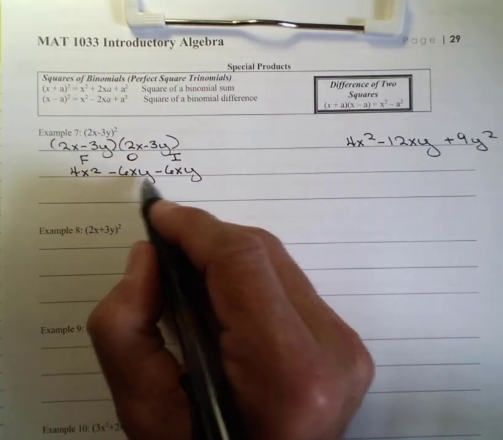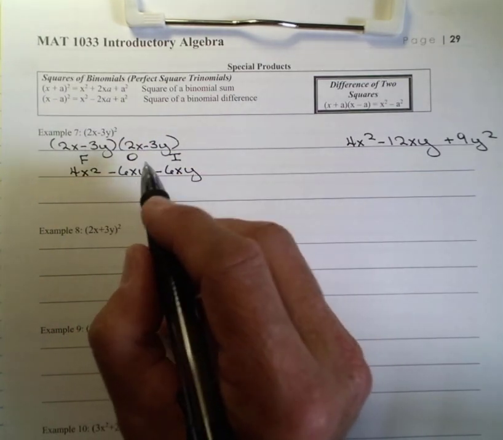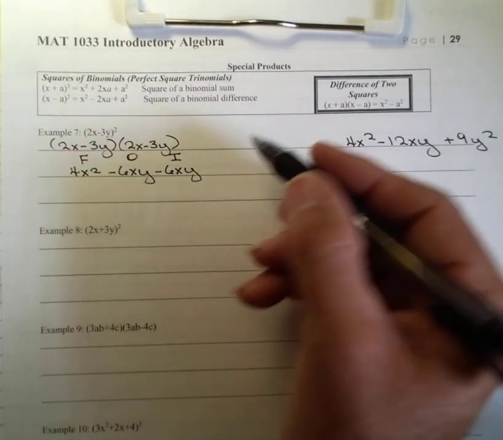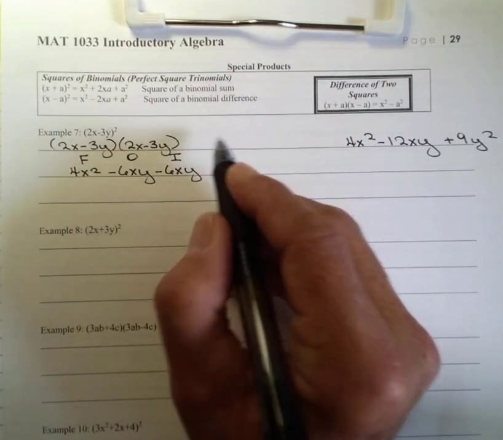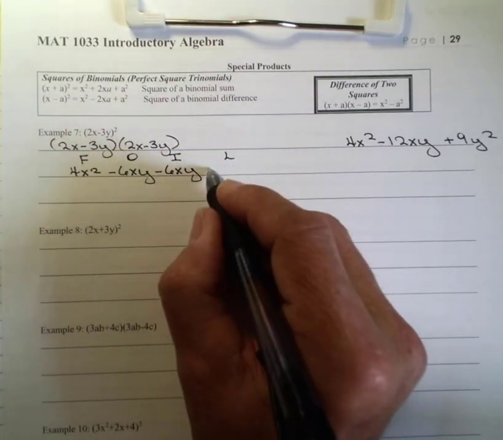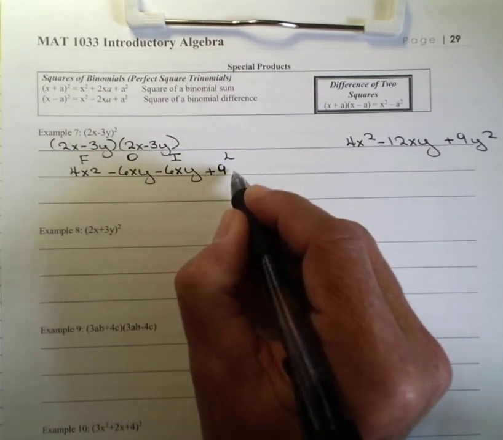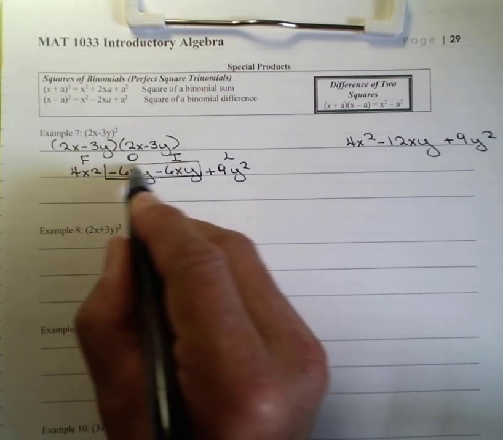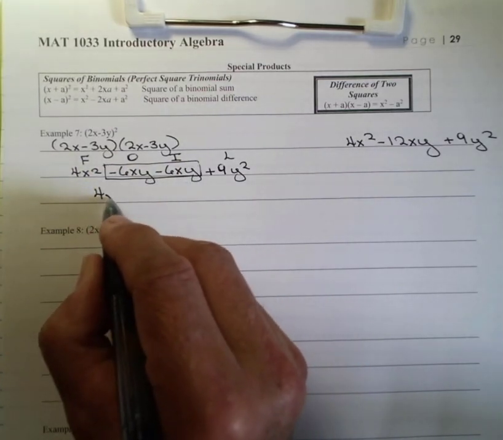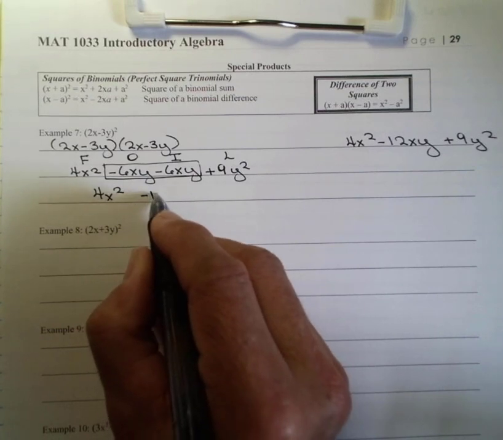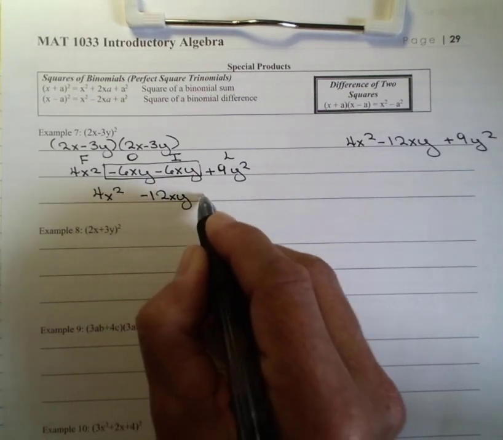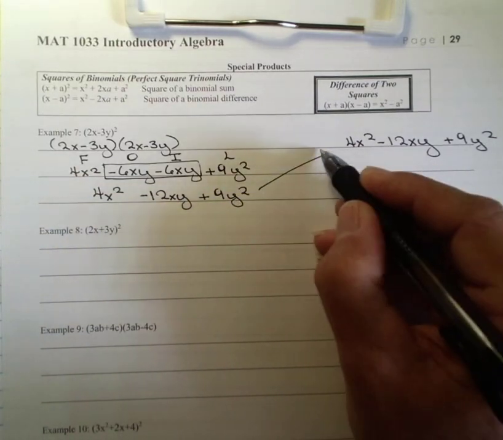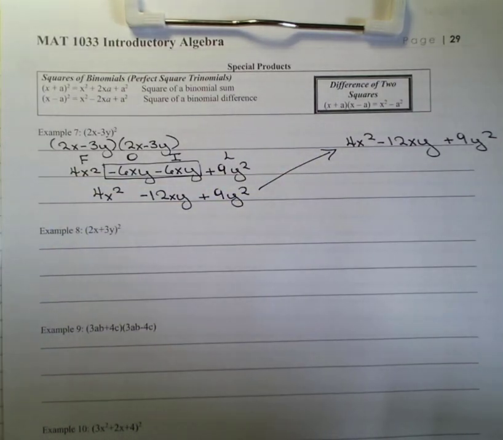Remember, write the variables in alphabetical order because xy is the same as yx, but if you write it alphabetically, you won't get confused. And then the last terms are a negative times a negative, so it's a positive, 3 times 3, and y times y. Combining these middle two terms, I end up with 4x squared minus 12xy plus 9y squared. But if I see the pattern, I can go directly there.